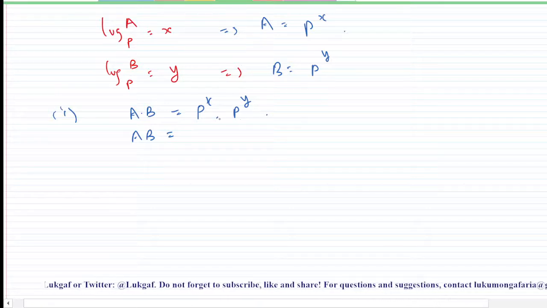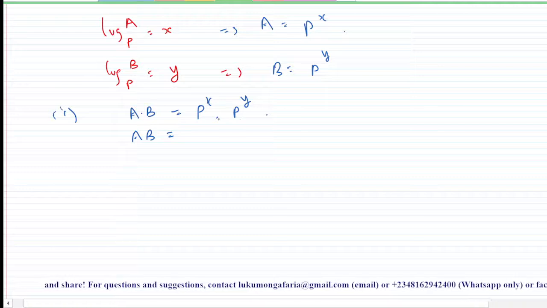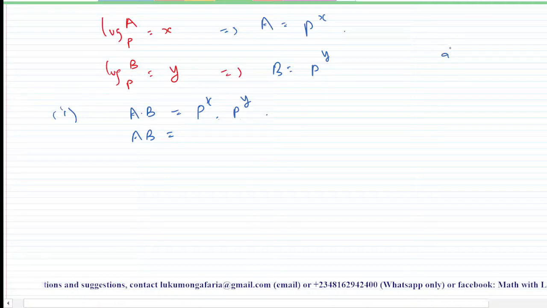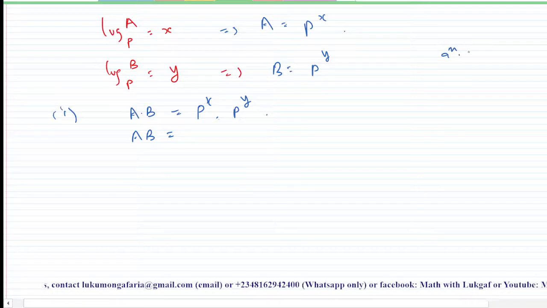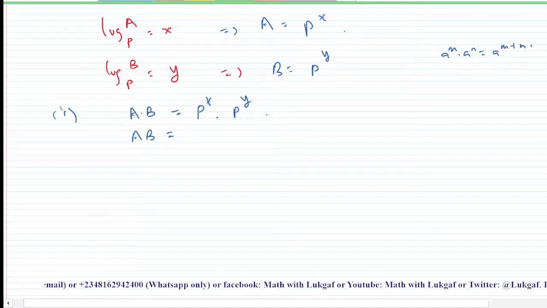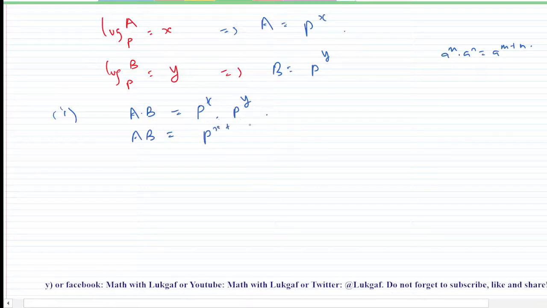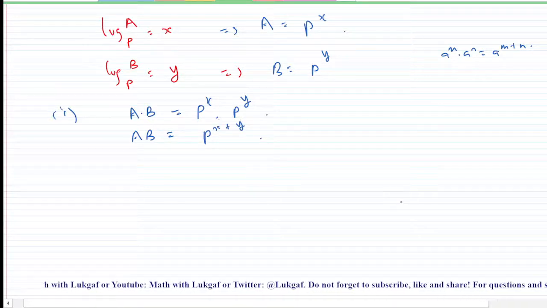And the relationship between the two expressions is multiplication. By the laws of indices, when you have a raised to power m multiplied by a raised to power n, it is going to be a raised to power m plus n. Then you can have p raised to power x plus y here. You understand now?